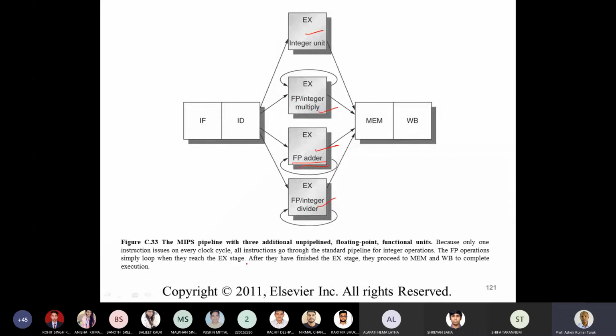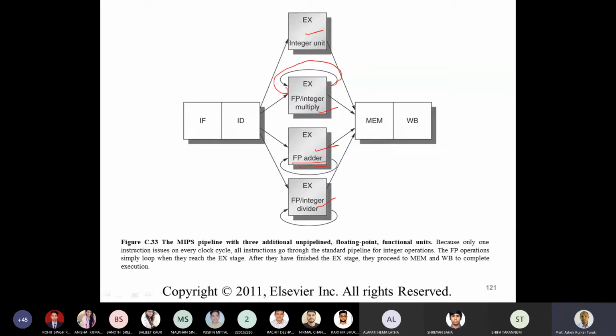Now, because only one instruction is issued on every clock cycle, an instruction goes through the standard pipeline for integer operations. If you look at the functional units, some functional units take multiple clock cycles, so they are shown by a recycle mechanism. This shows a recycle here, so the multiplier takes multiple clock cycles.